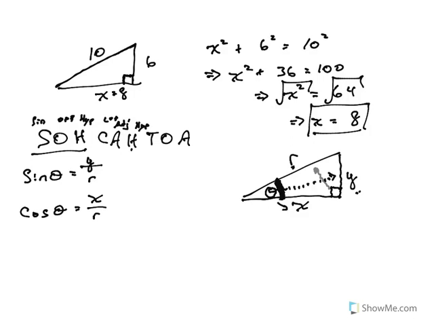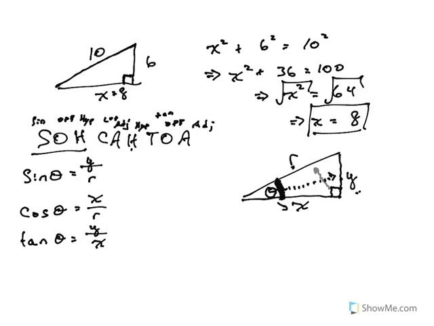And then lastly, toa says the tangent of the angle theta is the side opposite, which for this angle theta is my y, divided by the adjacent, which for that angle is x. So that's what Sohcahtoa tells me. Sine is opposite over hypotenuse, cosine is adjacent over hypotenuse, and tangent is opposite over adjacent.